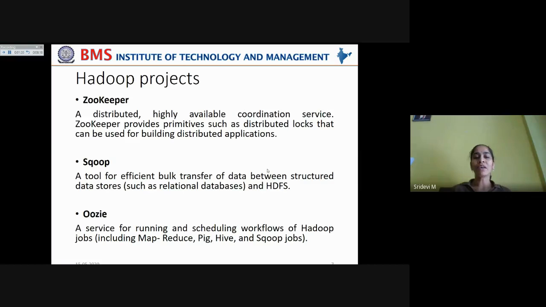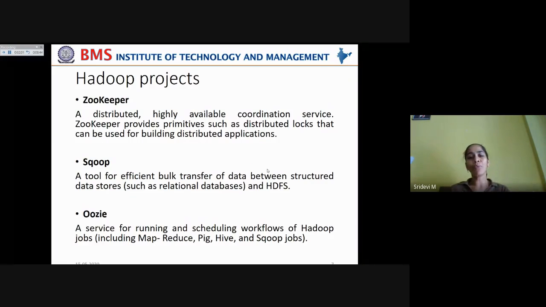And Oozie is a service for running and scheduling workflows of Hadoop jobs. Workflows means you have the predefined components. You have a component for extracting the data, a component for transforming the data, another component designated for loading the data, and then pre-processing the data, analyzing the data, and finally visualizing or testing the analysis results.